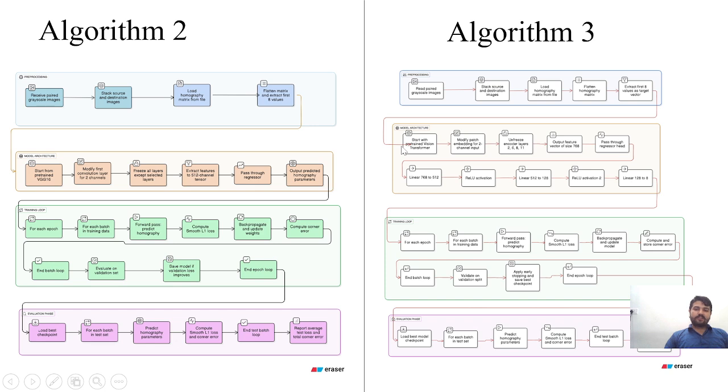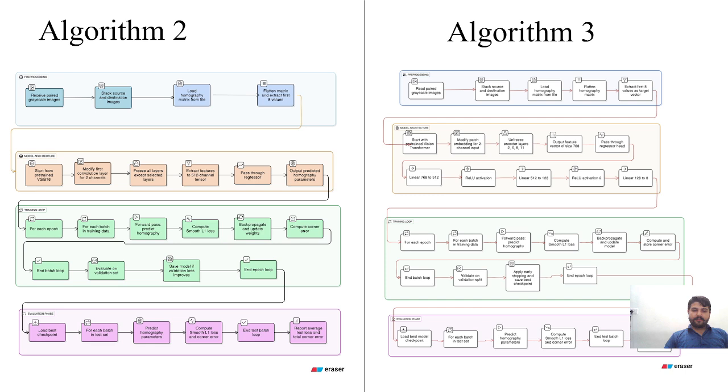I also modify the first embedding layer to accept the 2 channel input, then freeze all the encoder layers except layers 2, 6, 8, and 11. Then the output feature vector is of size 768, and I pass it through the regressor head, which utilizes the ReLU activation and linear layers.